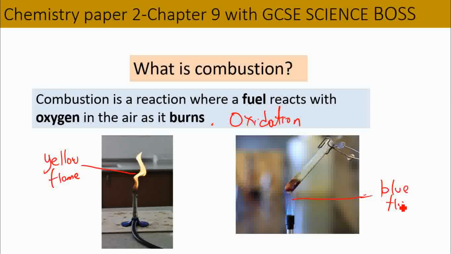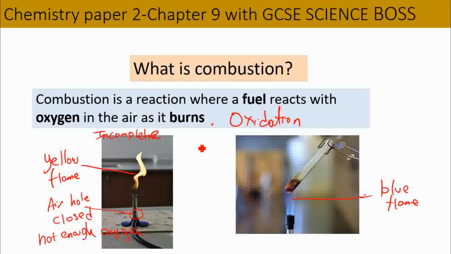Now you'd have seen this at school by opening and closing the air hole. So if you have a look here, the air hole is closed. Air hole closed, which means that there is not enough oxygen, okay? And we refer to that as being incomplete combustion.